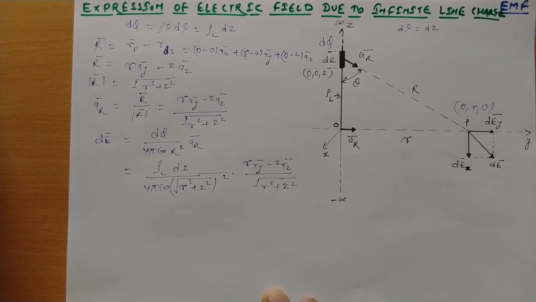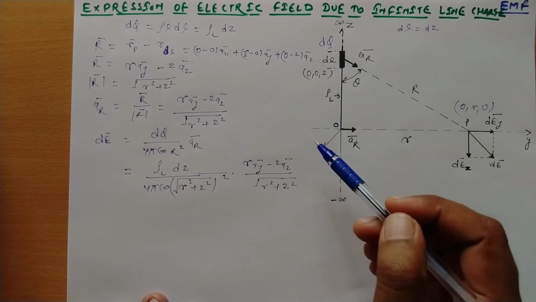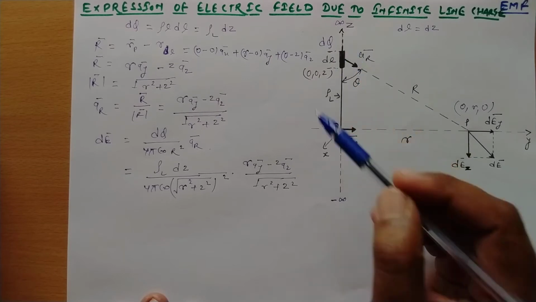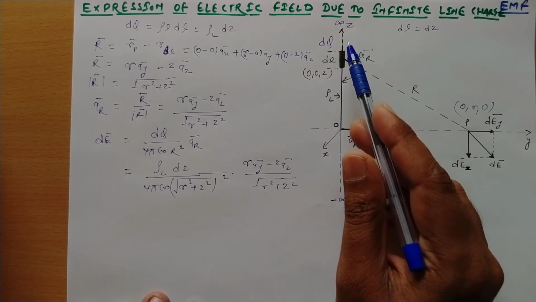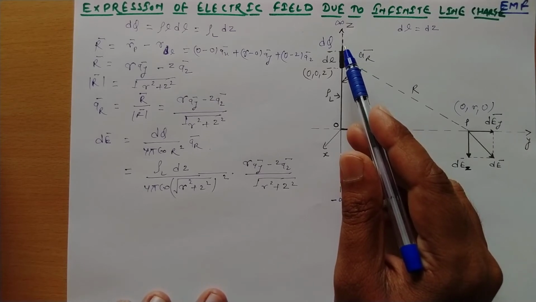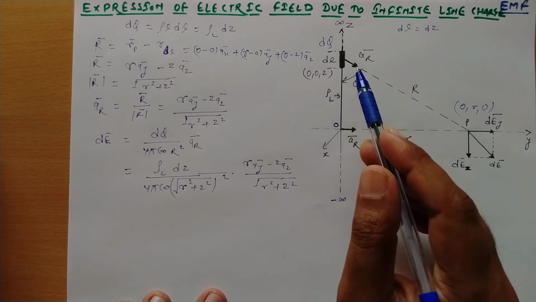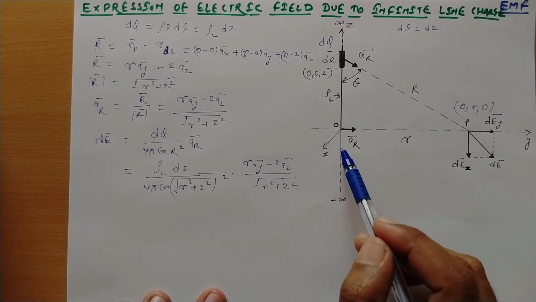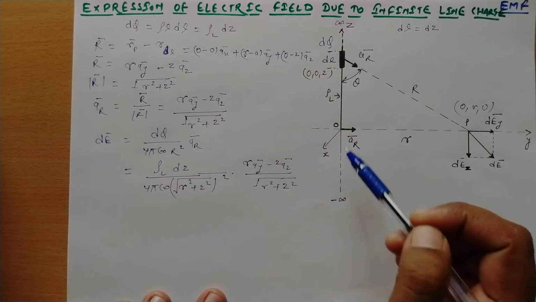Okay, and one more thing which is very important: if the line charge distribution is on the z axis, then z varies from minus infinity to plus infinity. So we can say that the z component in the expression of electric field intensity will cancel, because we get a positive component as well as a negative component along the z axis.